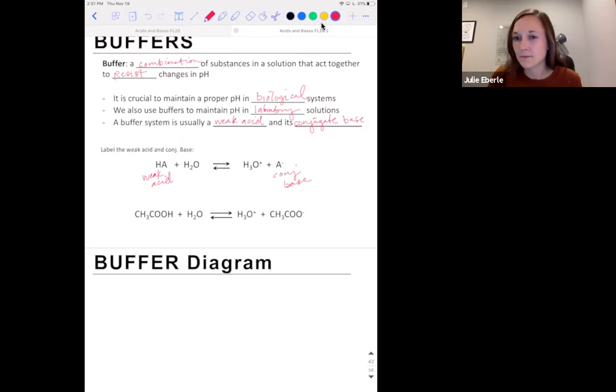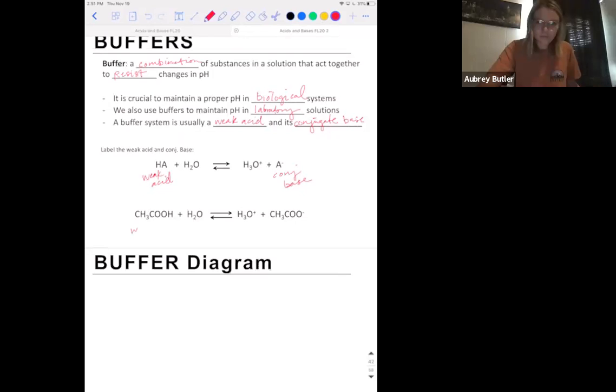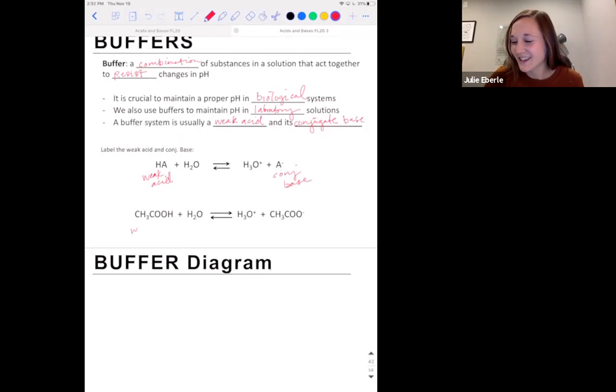Any guesses? Well, no, Meredith. Good guess, though. You had a 50-50 shot. Sorry. The weak acid is acetic acid. So water is playing the base here.